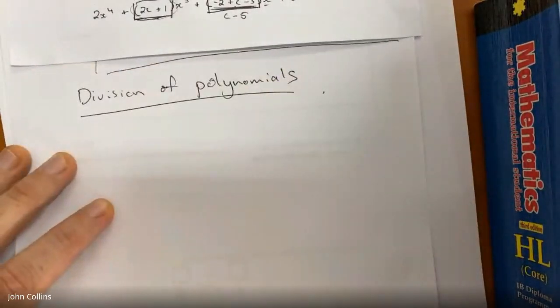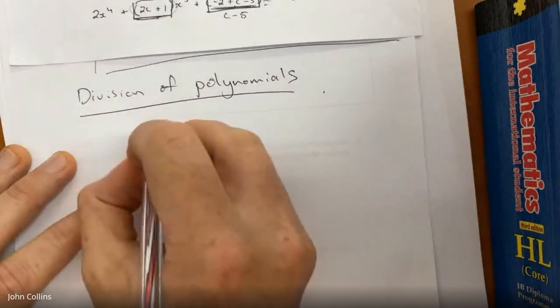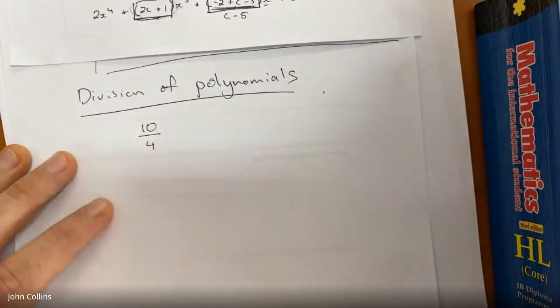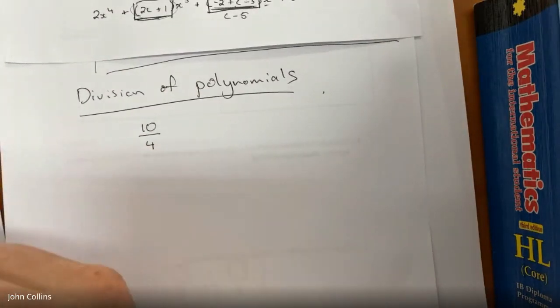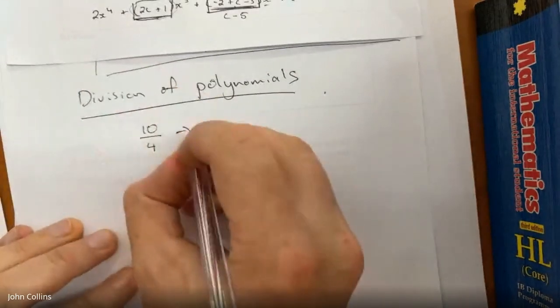Okay, so division of polynomials. So same as division of fractions. If I have a fraction and I want to turn it from an improper fraction into a mixed fraction, well, what would I do?